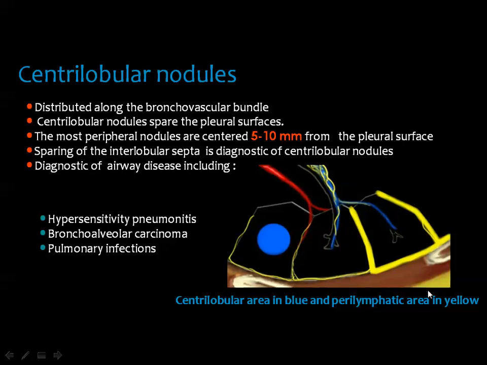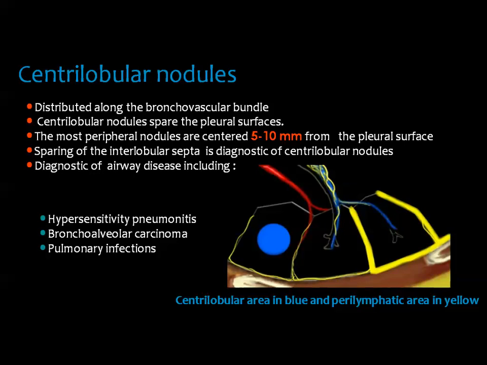If you can identify centrilobular nodules, then you may diagnose hypersensitivity pneumonitis. You remember, hypersensitivity pneumonitis is diagnosed by the presence of ground glass opacities and a positive history of exposure to allergens, and sometimes you can see these centrilobular nodules.